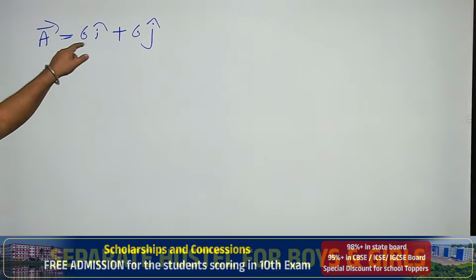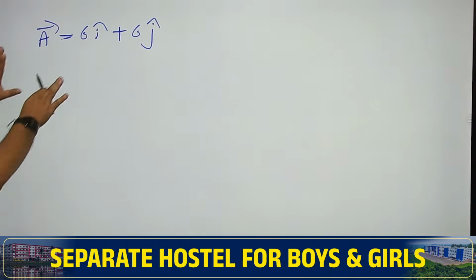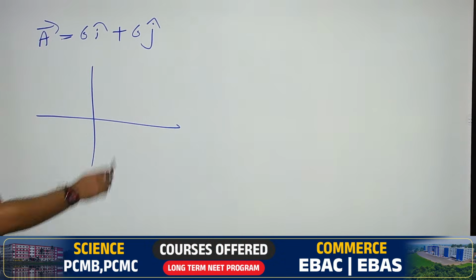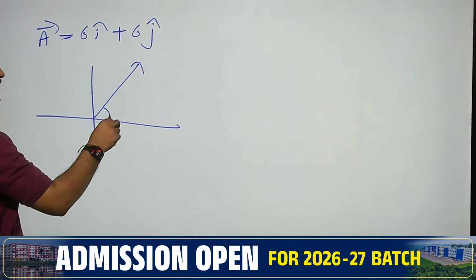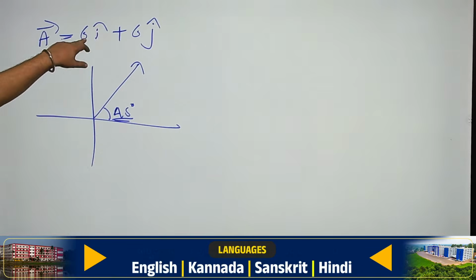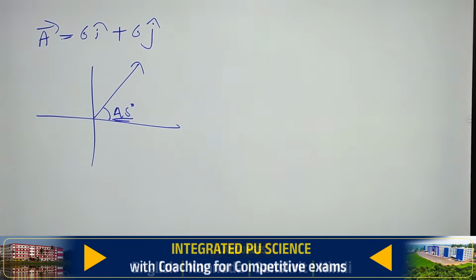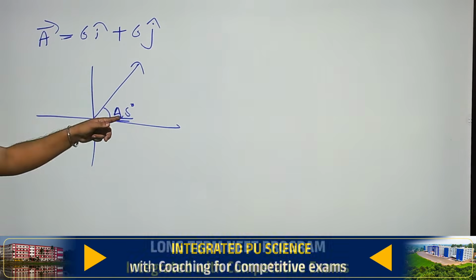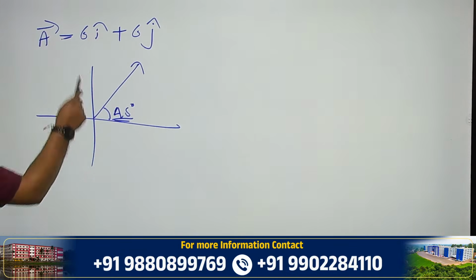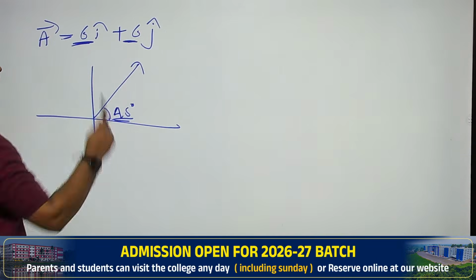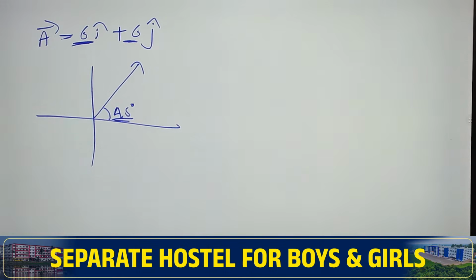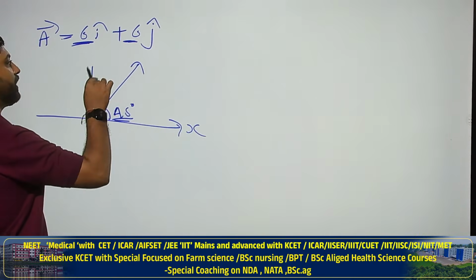In this one, x and y coordinate are same, right? In which direction this vector will be? We can simply draw a vector at an angle 45°. By looking at this mathematical form, I can directly tell this vector is at an angle 45°. Okay, when x coordinate and y coordinate are same, then that vector makes an angle 45° with either x or y.